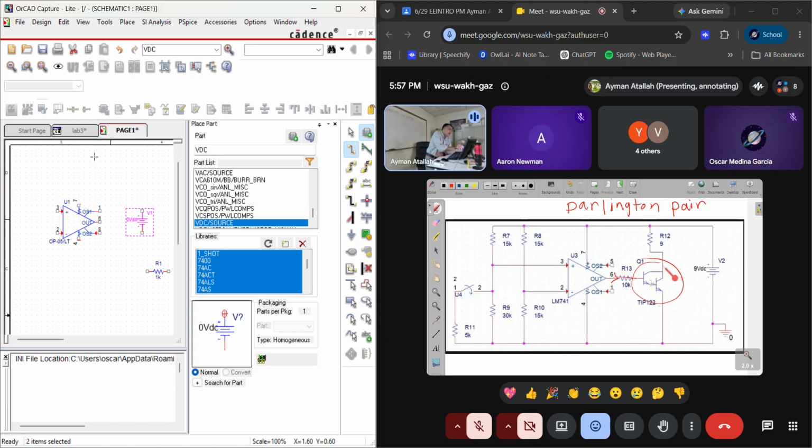Because of the very high amplification, it needs very little current. That's why I connect 10K here, because I don't need much. A little current from here is enough. So when the output voltage here is high, it will give enough current here, close this switch, and current will pass.